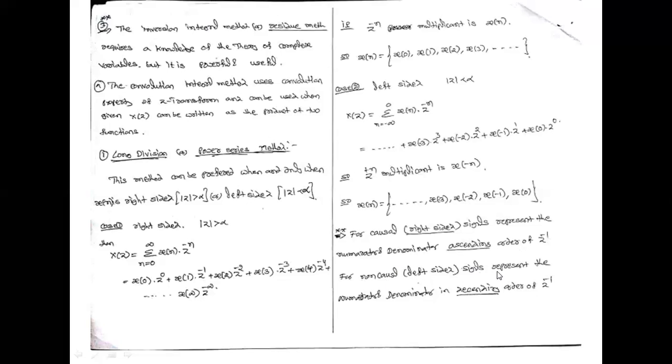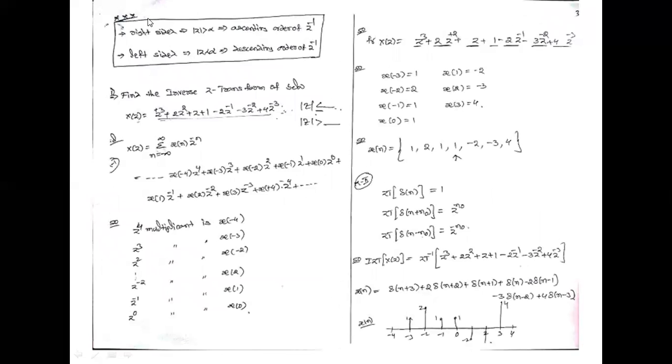For non-causal, left-sided signals, represent the numerator and denominator in descending order of z power minus 1, to get the causal and the non-causal signals. Right-sided is z greater than some variable alpha, ascending order of z power minus 1. The left-sided is z less than alpha, descending order of z power minus 1.